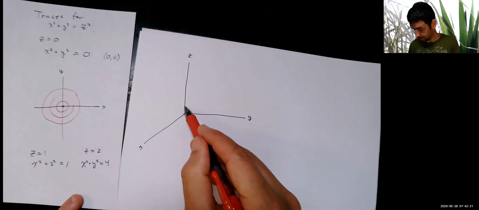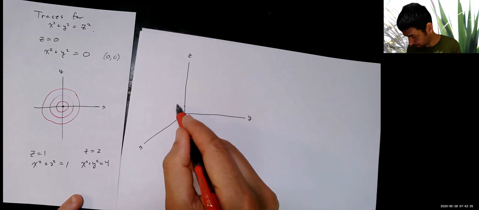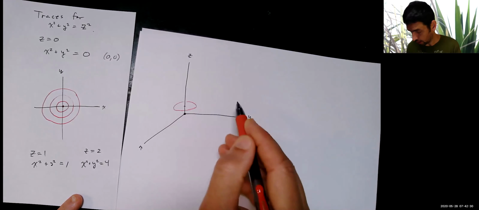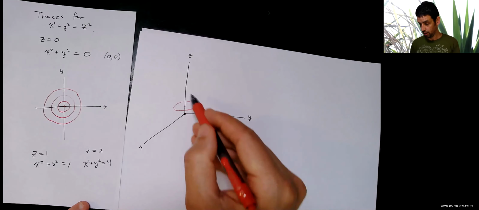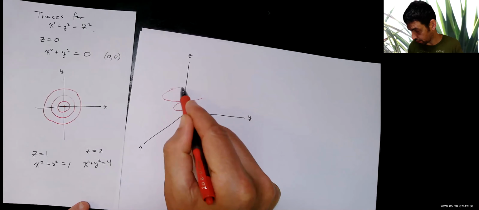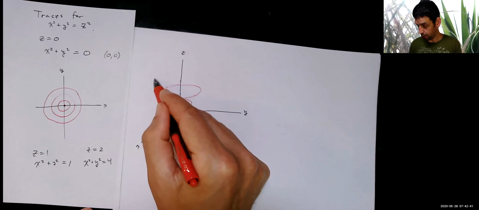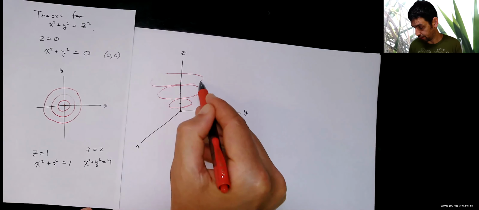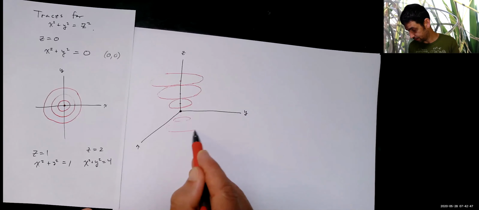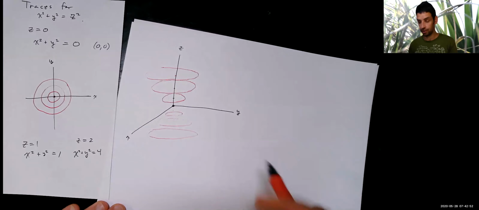By the time we got up to z equals 1, so we're now up above the xy plane, we end up with a circle of radius 1. If I go up to z equals 2, I get a circle of radius 2. Z equals 3, I get a circle of radius 3. And the same thing was happening in the negative direction. As we go down the surface, we're getting larger and larger circles.